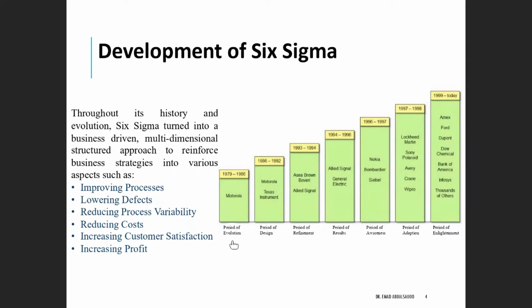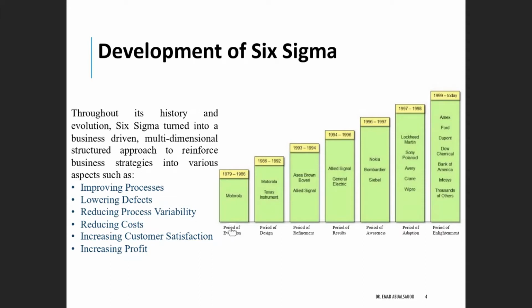The period of evolution was in the beginning or mid of the 1980s, where the evolution was completed by Motorola.